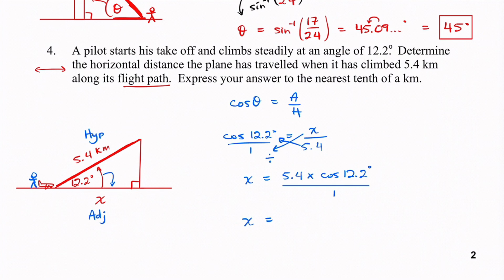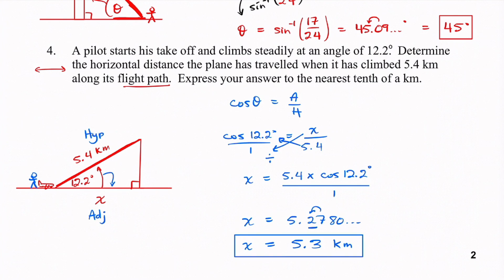Okay, and when I type this into my calculator, you should get 5.2780. And some more decimals. And then rounding this one, we wanted to the nearest tenth. So the nearest tenth, there's the tenth. Okay, and the 7 is going to round that up. So you get 5.3, and this was measured in kilometers.